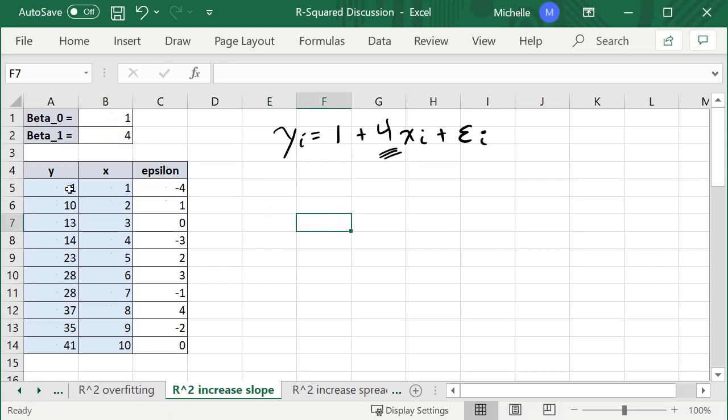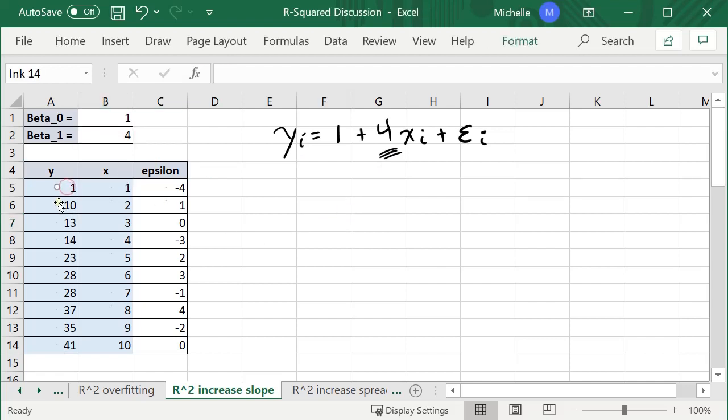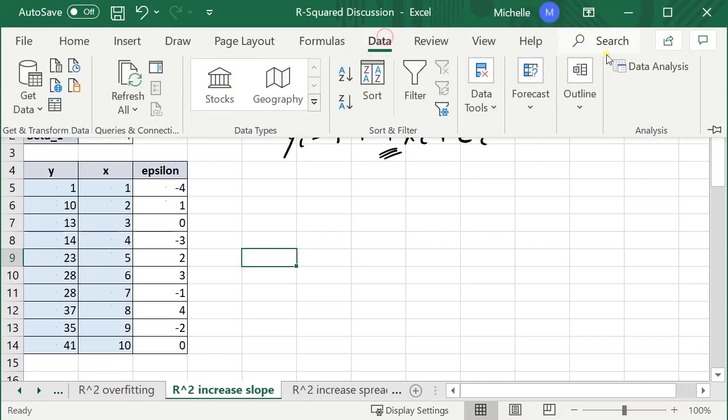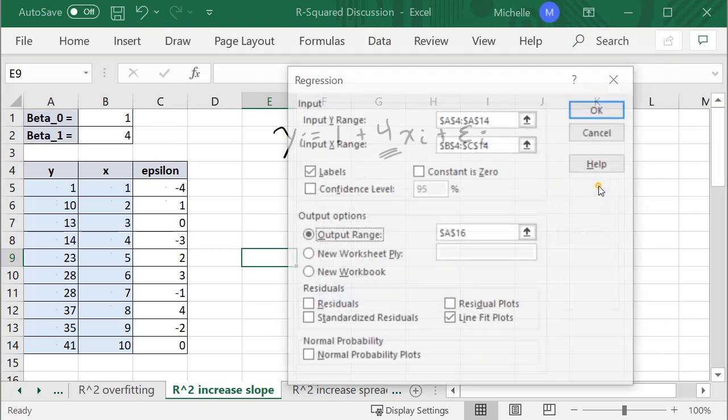Okay, and so you can see all my y values changed, right? So I've increased this, and since they're all calculations, formulas depending on these values, they all changed. Okay, so let's see what happens. Let's go to data analysis, regression.